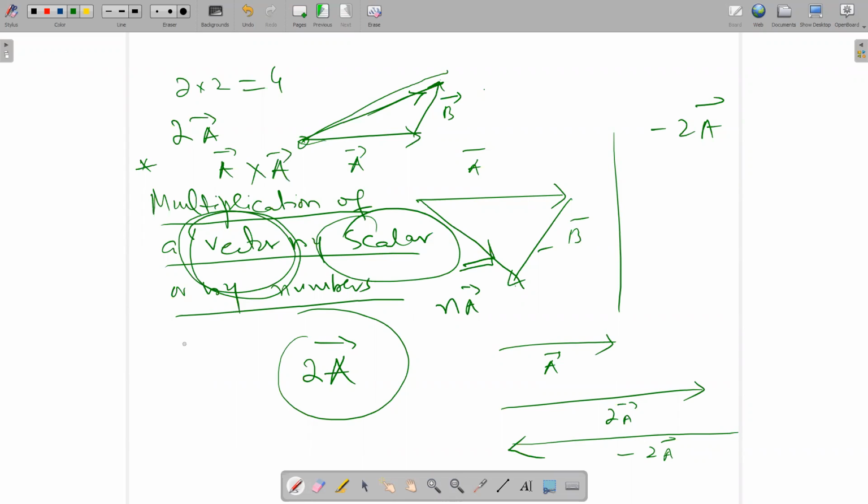If we want to multiply two vectors, then the things are a little technical and difficult. But if I want to multiply a vector and a scalar, then things are very simple. Understand this one? Yes, clear. Okay.